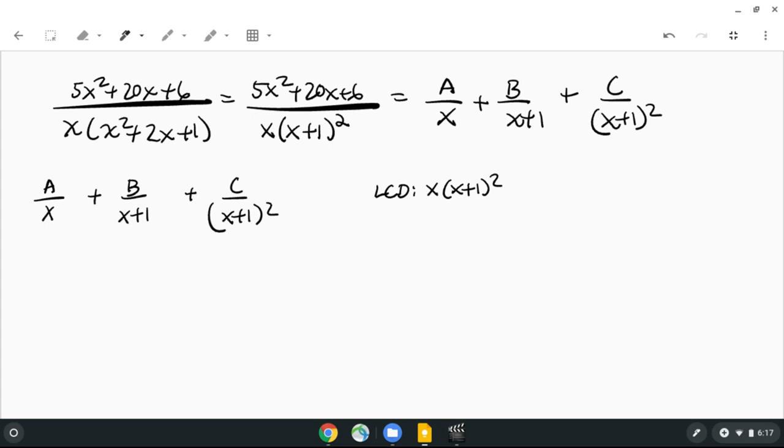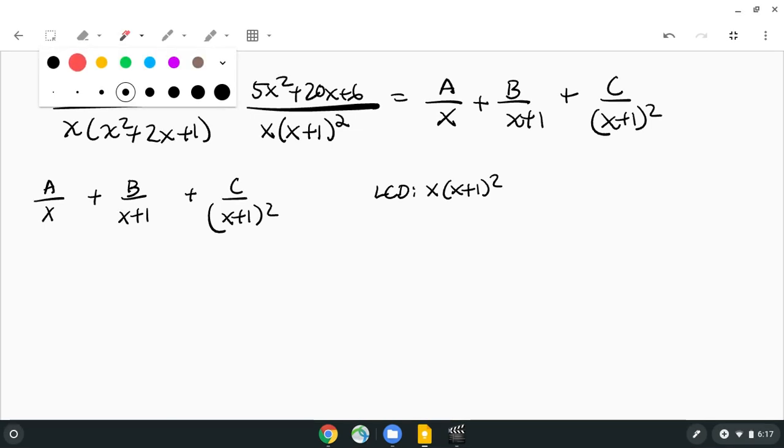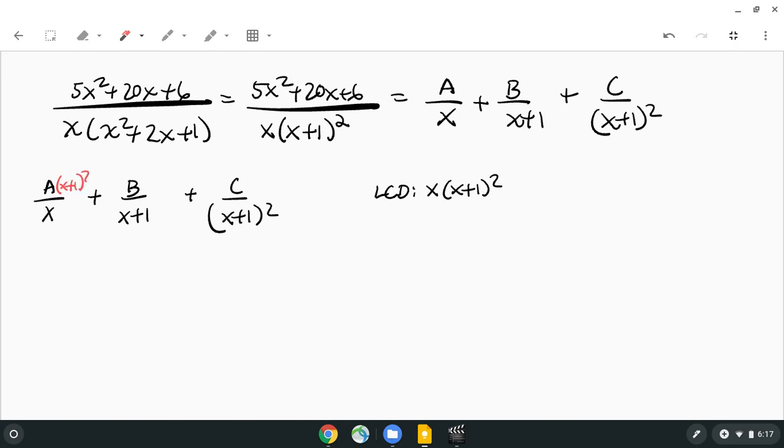Let's go ahead and figure out what we need. This first fraction, a over x, we need x plus 1 squared. The second fraction, we need x, and we also need an extra x plus 1.